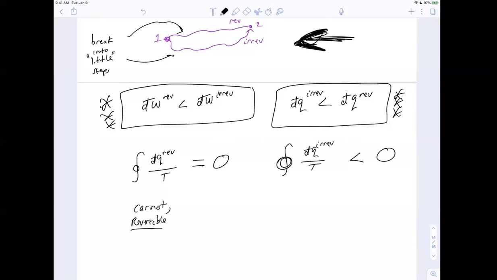And if you take mini steps, one being reversible and one being irreversible, what you're going to find as you do that summation, the integral is a summation, it's just a summation of these mini things. If you do that integral over the cycle, for every time you do this mini step, the contribution to that summation of dq irreversible is going to be less than the contribution from dq reversible, just because of this inequality.